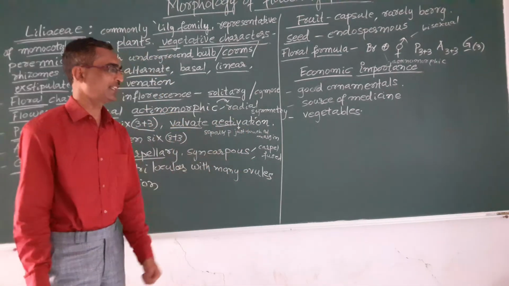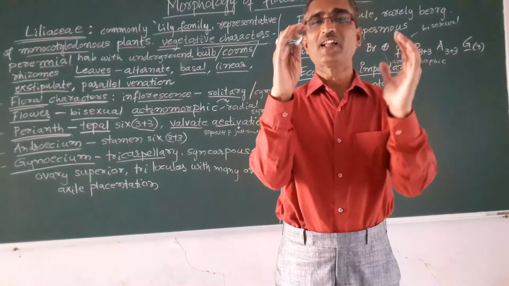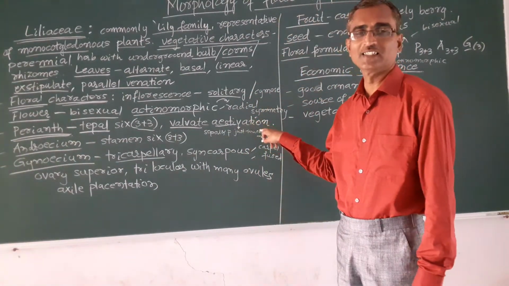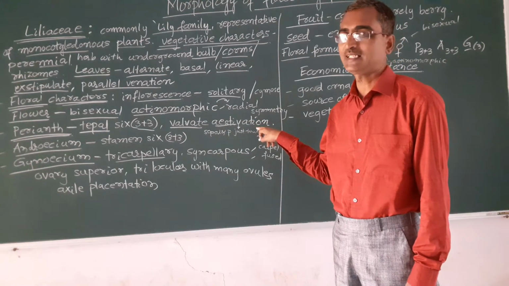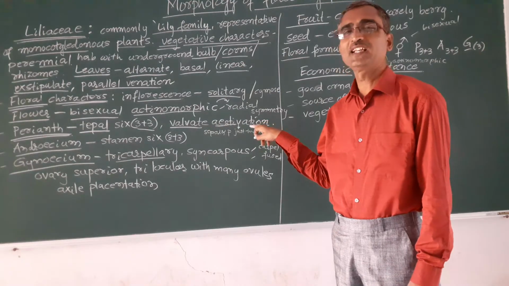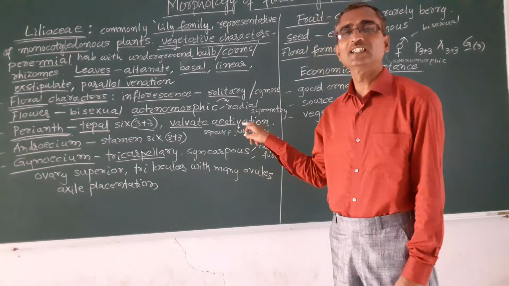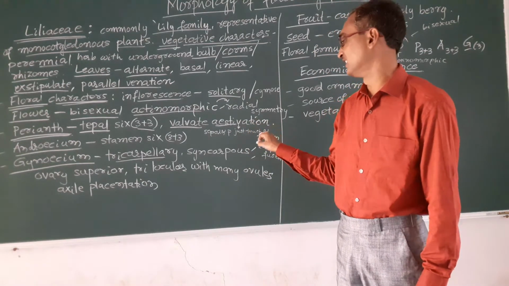That means sepals and petals just touch at the margin. Aestivation is the arrangement of petals and sepals, and in valvate aestivation, the petals and sepals touch at the margin.